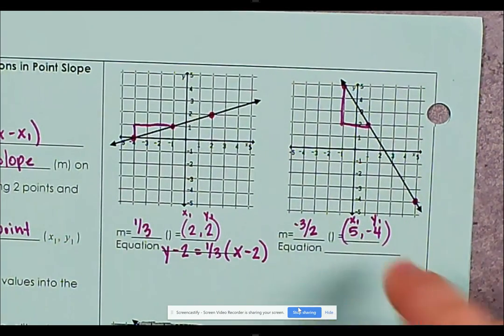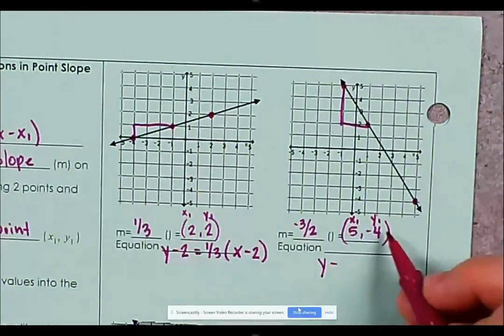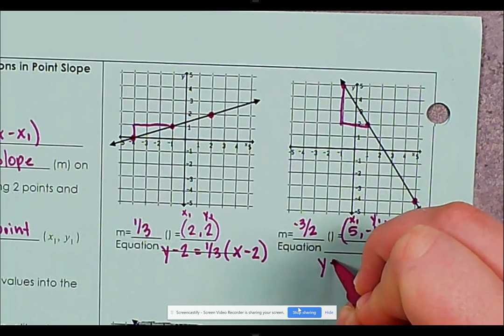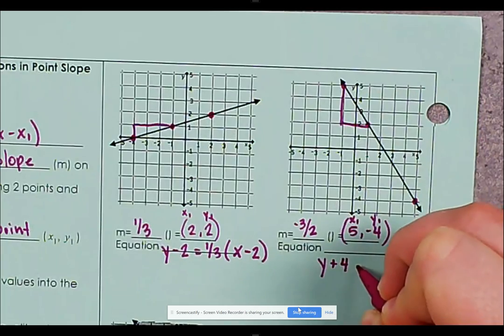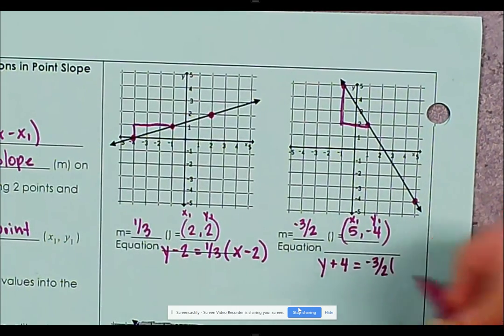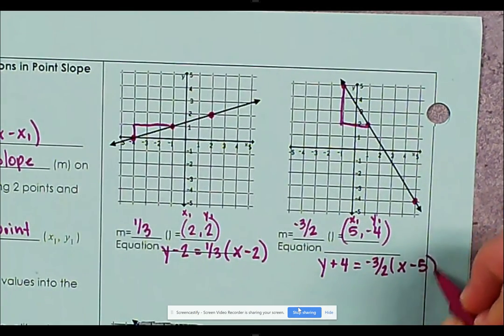So in my equation, I'm going to have y minus, my y1 is negative 4. Now minus negative 4 is not incorrect, but it is not completely simplified. Anytime that we're going to end up having minus a negative, that's going to change to a plus 4. Equals negative 3 over 2 times x minus, and then the x1 is 5.